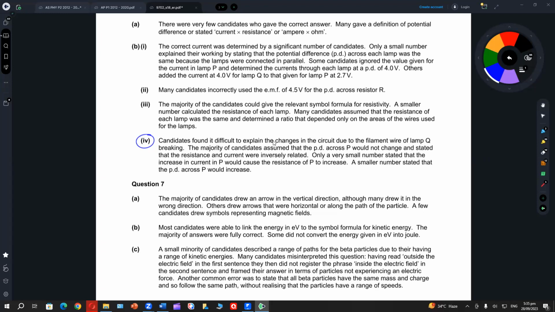A smaller number stated that PD across P would increase.